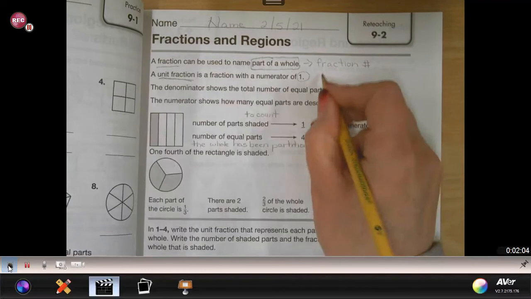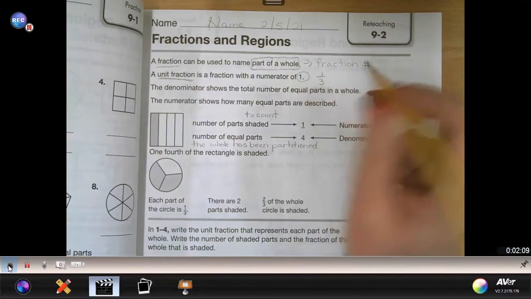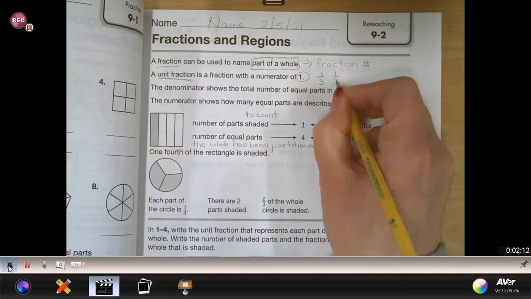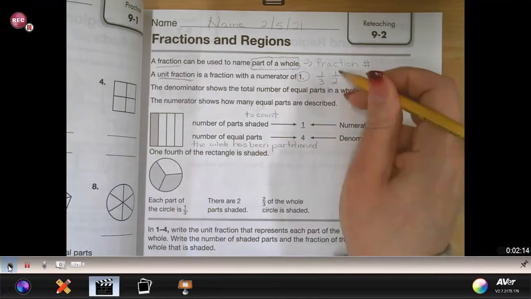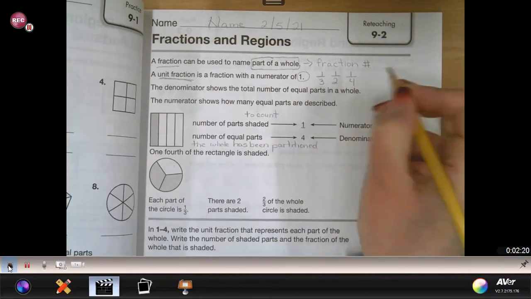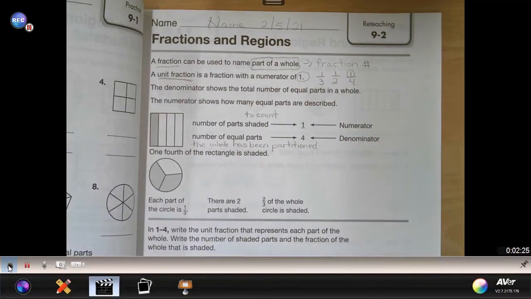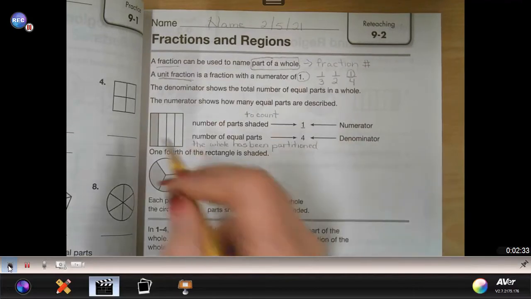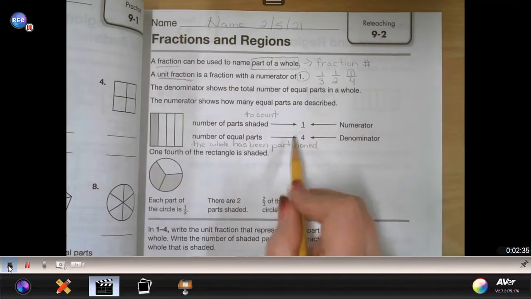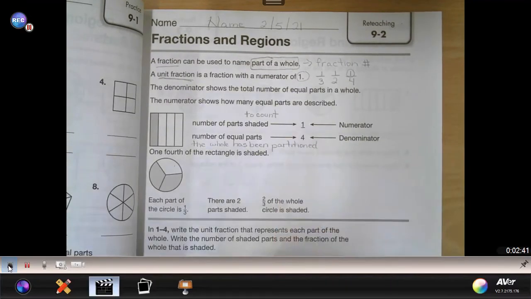So for example, 1/3 is considered a unit fraction because it's only one of the pieces. 1/2 is a unit fraction because we're talking about only one of the two pieces. 1/4 is a unit fraction because we're only talking about one of the four pieces. So when you see the words unit fraction, we're talking about one of those pieces. So for example, we'll talk about this down here. This is 1, and this is considered a unit fraction.